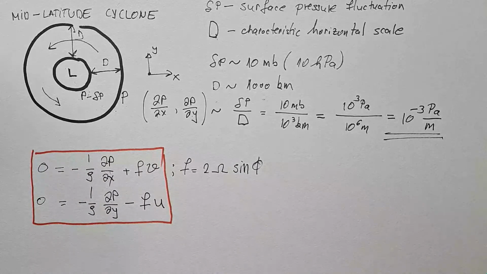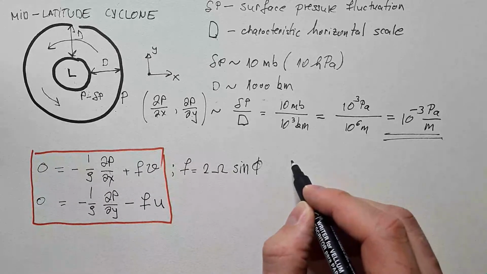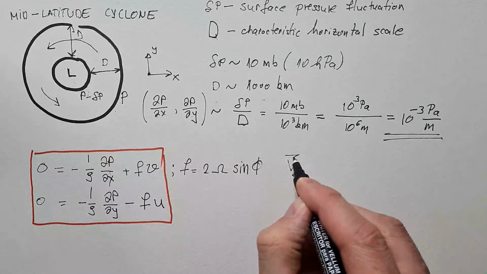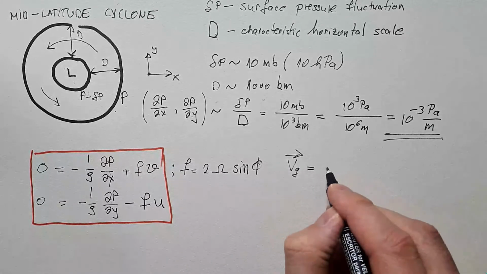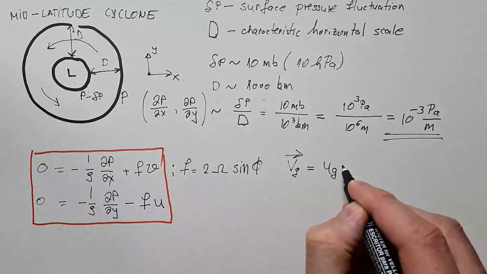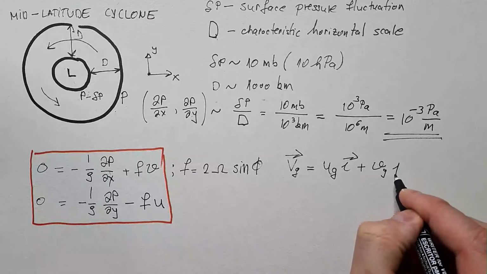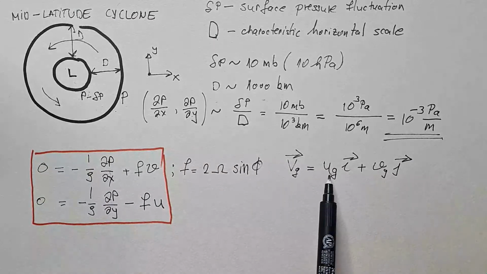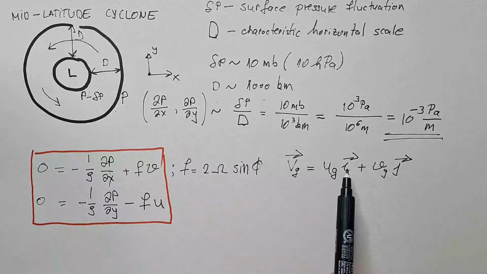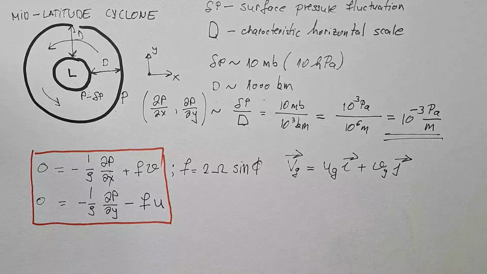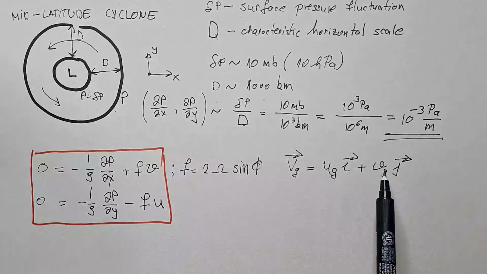We can define horizontal velocity field that obeys this relationship, and we call that geostrophic wind velocity. Namely, Vg as a vector is equal to Ug in the i direction plus Vg in the j direction. And these are components of geostrophic wind in the west-east and south-north direction, positive eastward, positive northward.